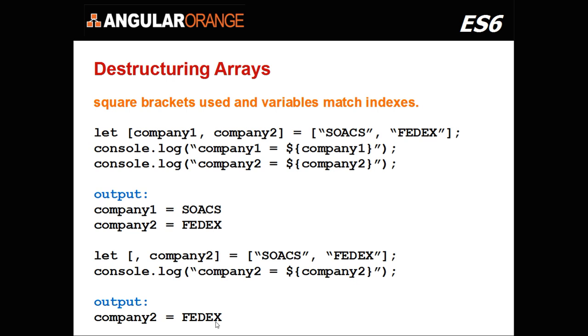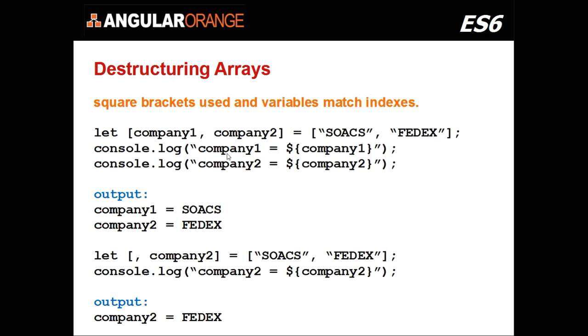When destructuring arrays, you use square brackets, and variables match the indices. So here I have let company1, company2 equal to these two company names, SOA Consulting Services and FedEx.